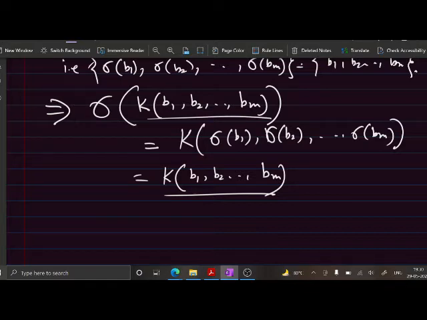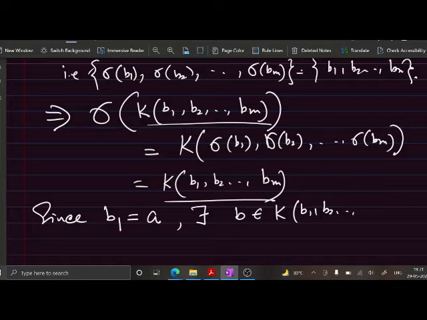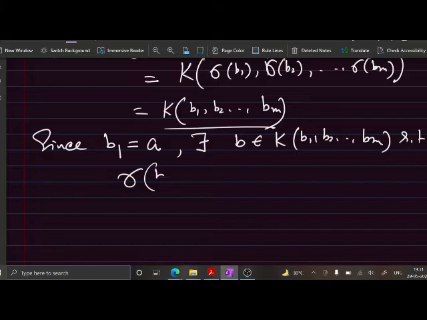Now what was our b1? Now b1 has been taken up as the element a, right? So since b1 is a and sigma of K(b1, ..., bm) equals K(b1, ..., bm), there exists some element, suppose b, belonging to this field such that sigma of b equals a.